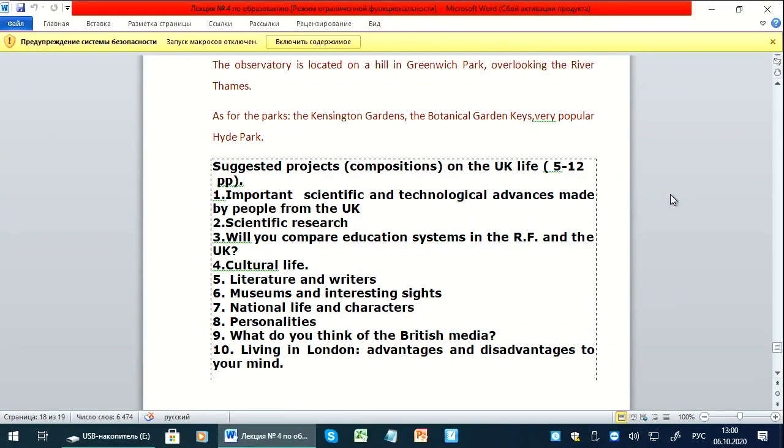After that, I'll give you time to prepare for the credit, and then we'll appoint the days, not one day, but the days of the credit. We'll appoint the examiners, and will certainly inform you about these days.